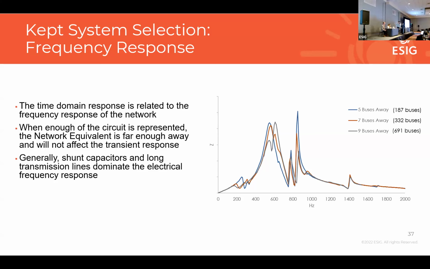Beyond 1000, pretty well aligned. But in between, we get the location of the resonances roughly right, but the magnitudes of the resonances vary a lot. You can see the 5 bus away case has a very sharp resonance at around 900 hertz or so, and that actually gets toned down quite a bit as we go to 9 buses away.